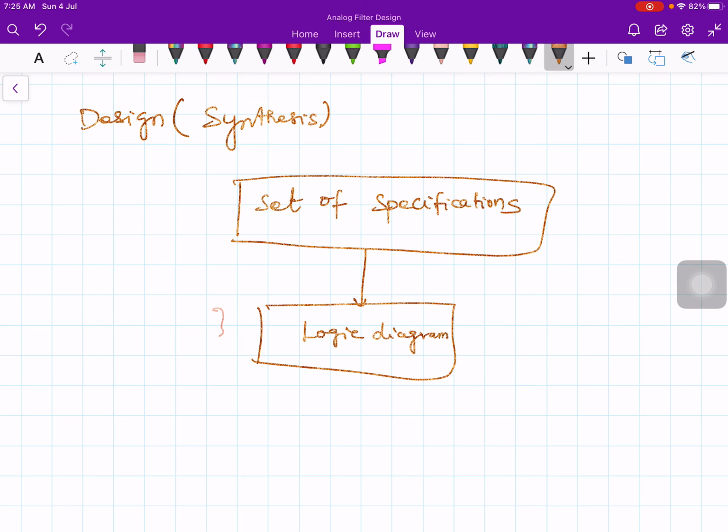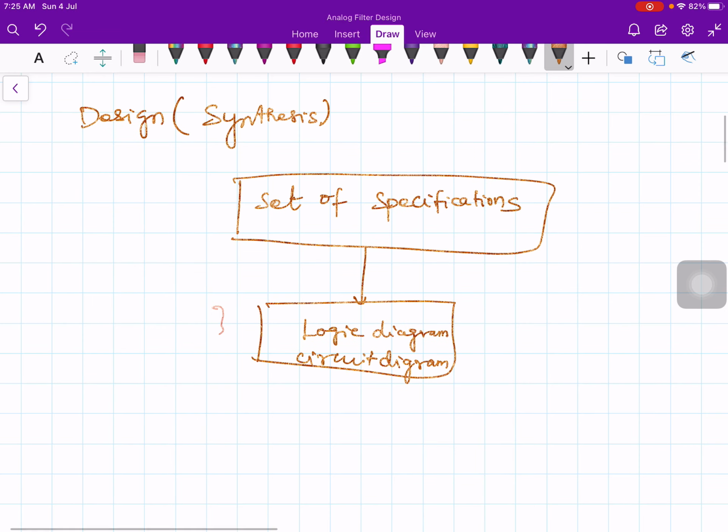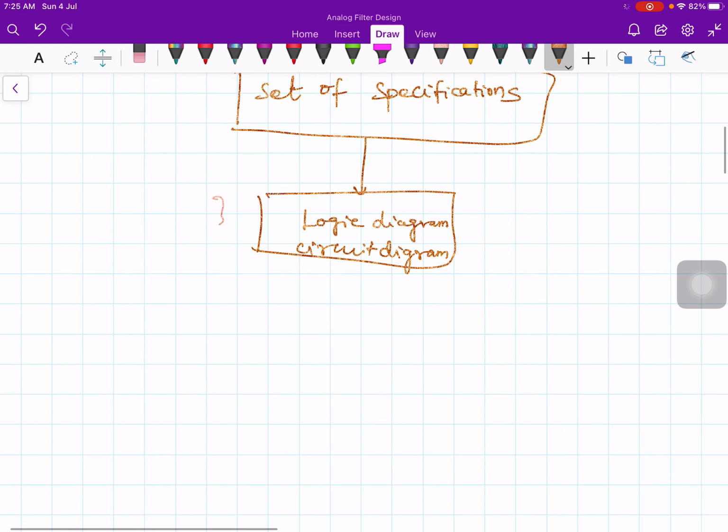The specifications are given by the customer or the end user, and from that specification we need to find out the suitable logic diagram, or circuit diagram, whatever it is. So that is the design work of an engineer. He has to work out and find the suitable logic diagram.